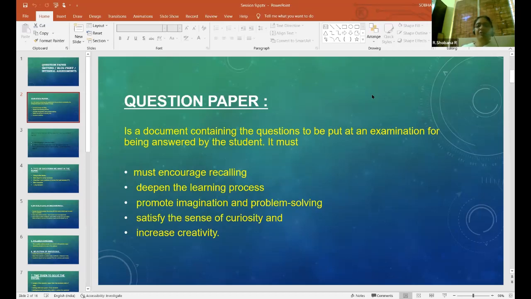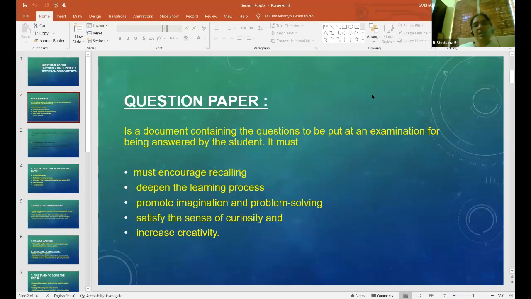They should satisfy the sense of curiosity in the child and increase creativity. It must give ample scope for the child to think of different methods in which the problem can be solved. The child must be able to choose the shortest method, or the method that uses less time or gives an accurate result. So these are the qualities the question paper must have.